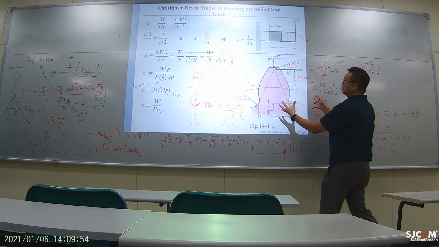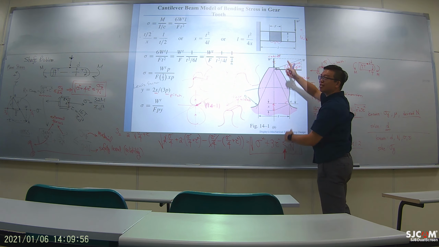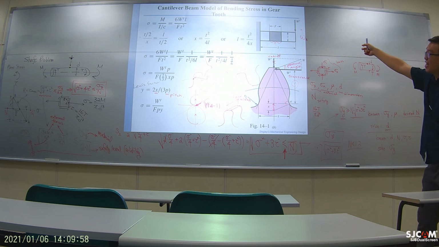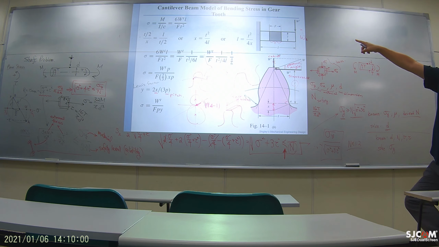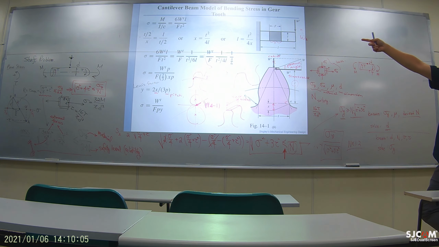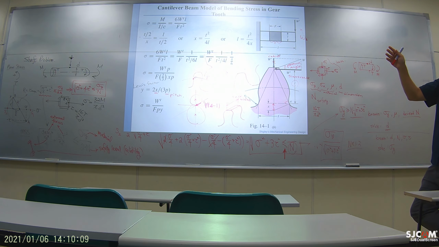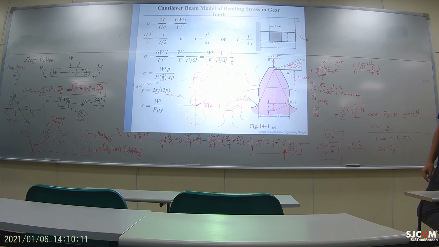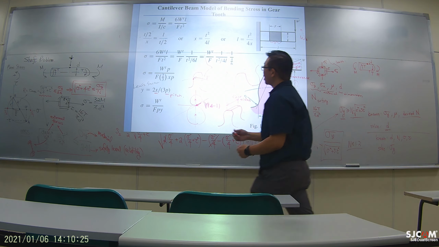So instead of studying this curvy geometry, they study that cantilever. Then you can easily formulate the stress equation. It's basically MC over I, and they plug in the moment of inertia I, and by changing the coefficient into this expression of x, they end up with some equation like this.